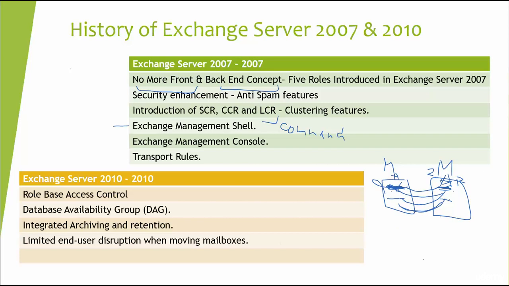So users will still be connected to their database, and they will not face any downtime, because DAG is working fine and it's just giving the database services without any interruptions.